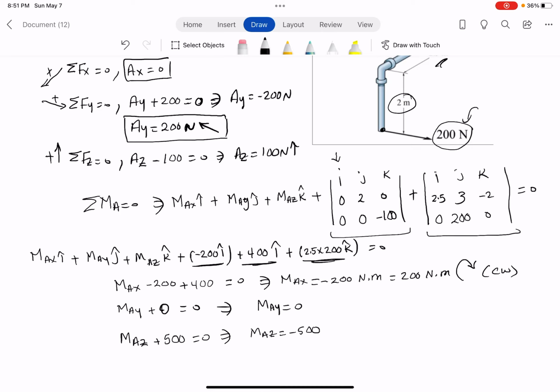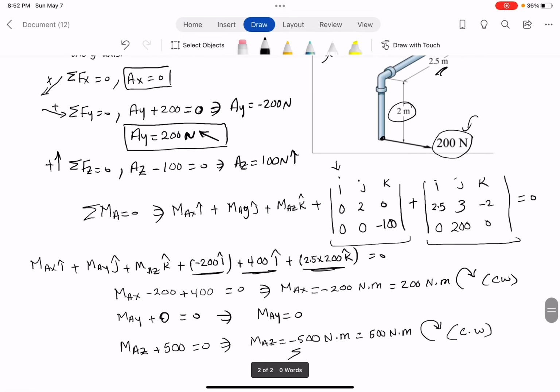Minus 500. 500 Newton meter, and it is negative, which means it is opposite to our assumed one, so it will be also clockwise.